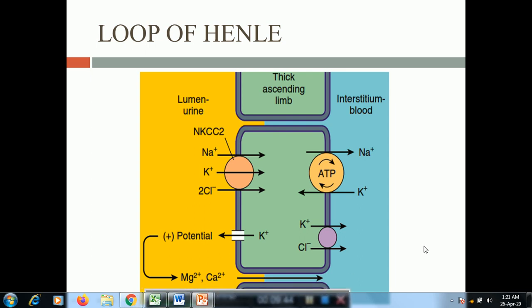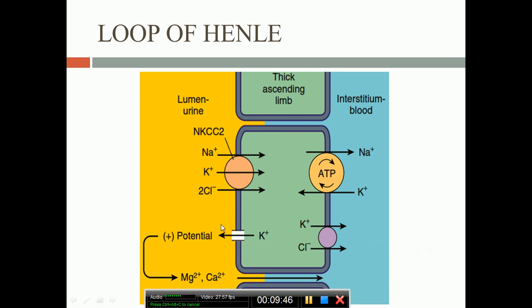Then here, this potassium which goes into the urine, because this is a positively charged ion, makes the potential positive. Some of the potassium goes through this channel into the urine lumen. How much?